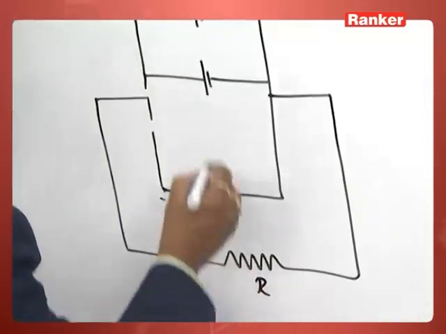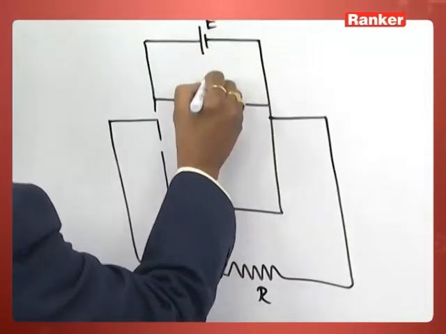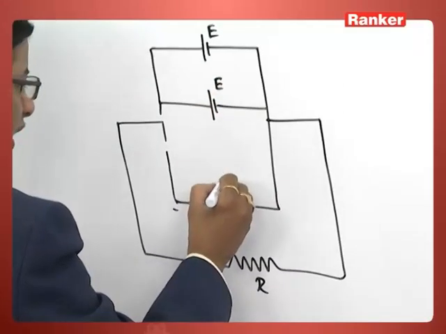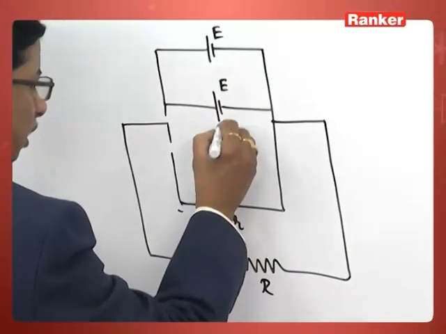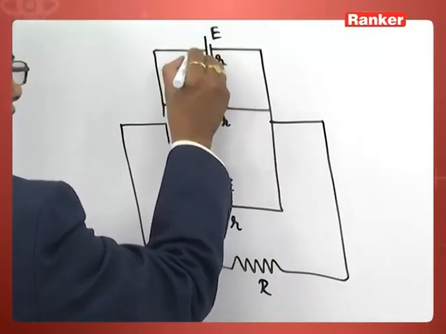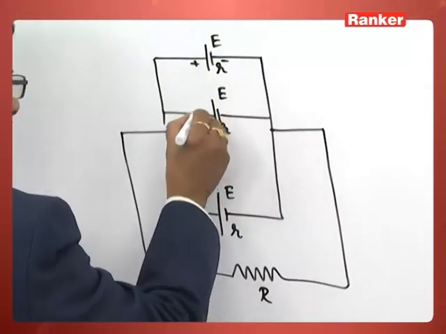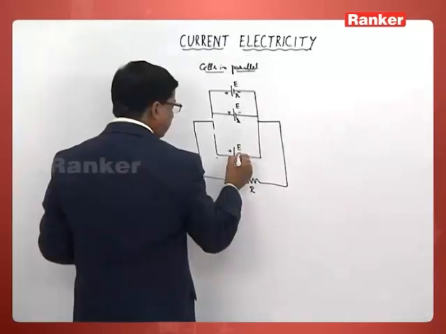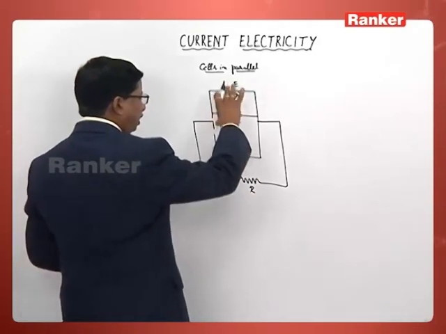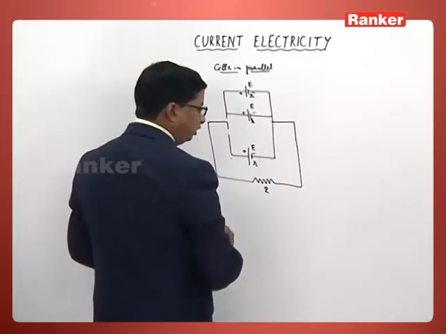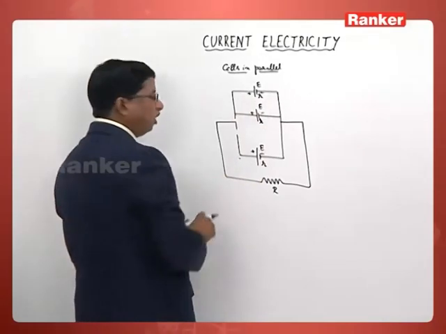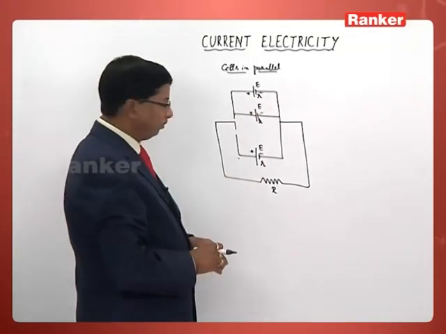This is R. Each cell has an EMF E and internal resistance r. Positives are all connected to one end and negative side terminals are connected to the other end. This is what is called parallel combination.